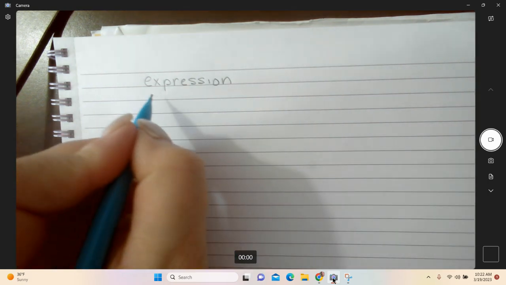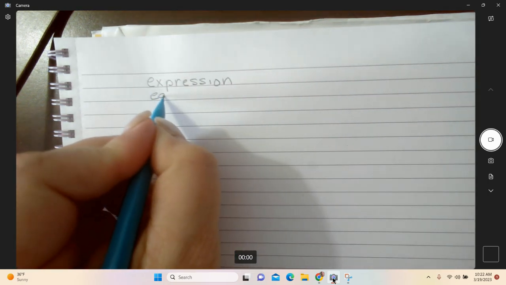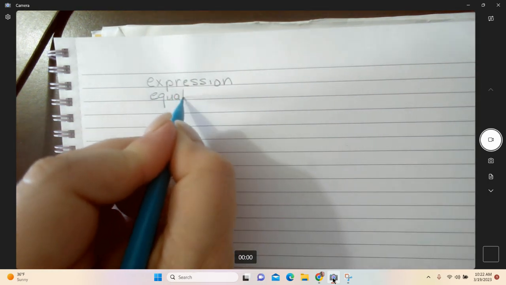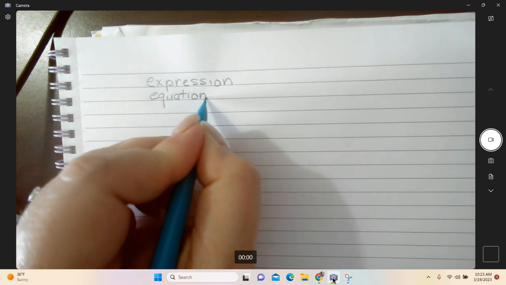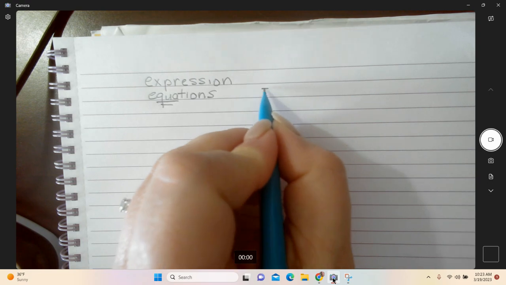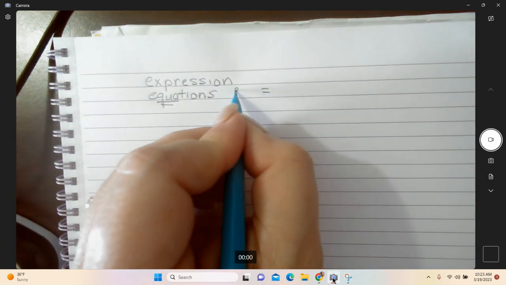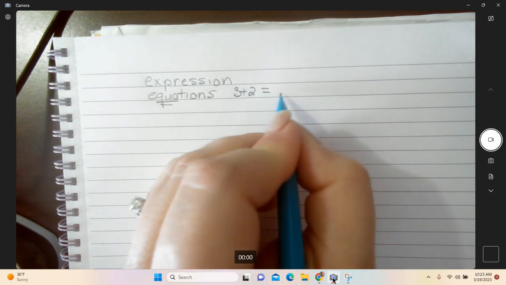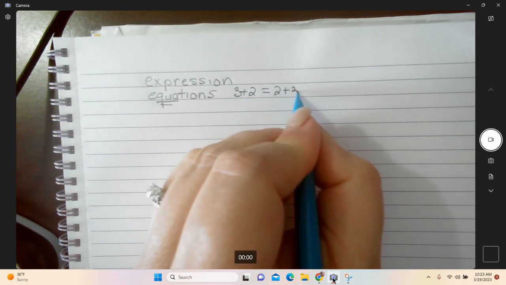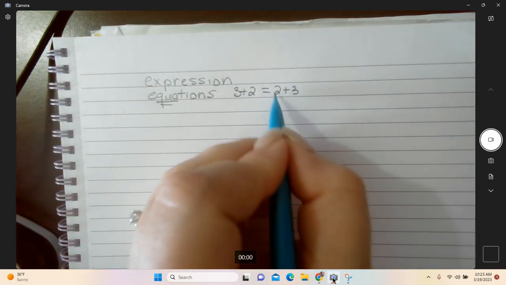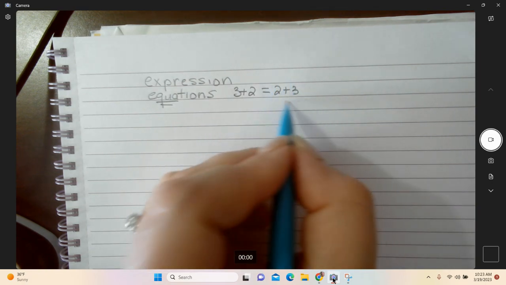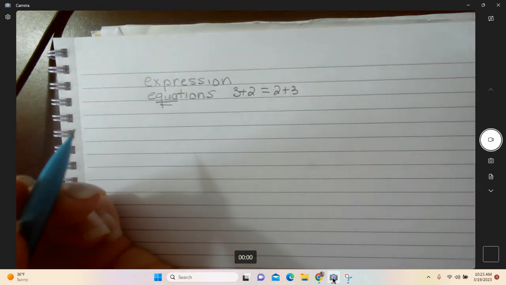And then, of course, you can have an equation. And the only difference really between the two is that equations have to equal each other. For instance, an equation will always have an equal sign. So you might have 3 plus 2 equals 2 plus 3. An expression doesn't have to have an equality on the other side of the equal sign. It can just represent one side of the equation.